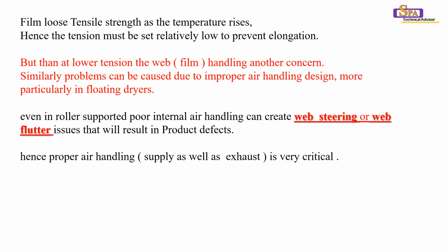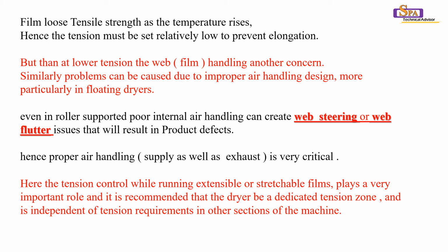Even in roller supported, poor internal air handling can create web steering or web flutter issues that will result in product defects. Hence, proper air handling, supply as well as exhaust, is very crucial.